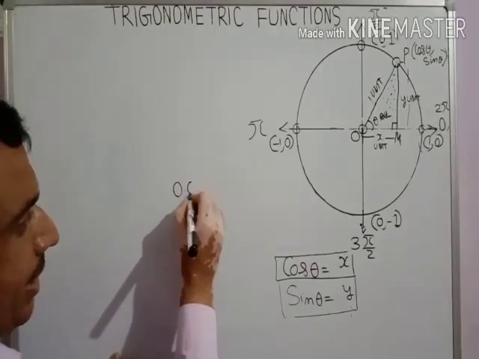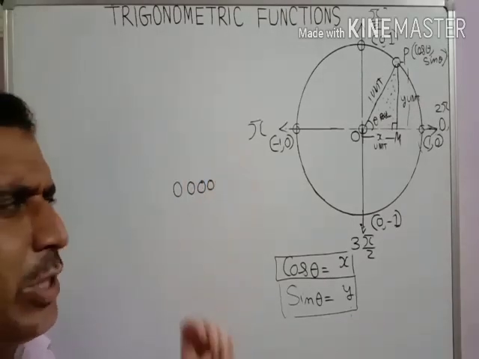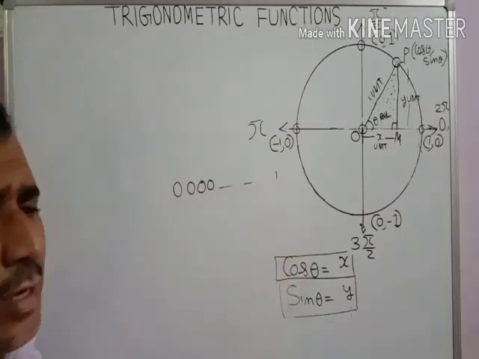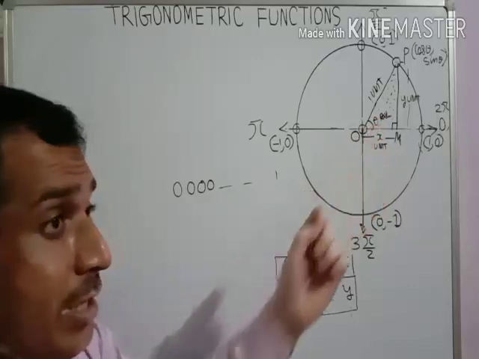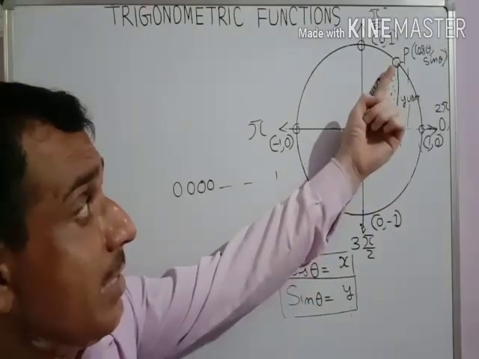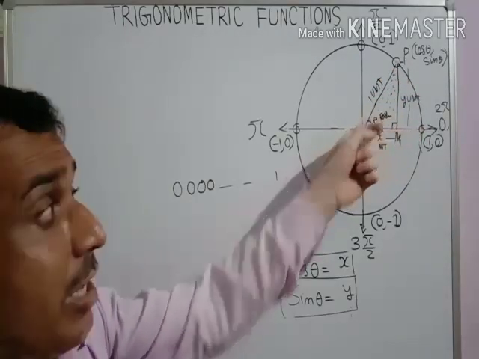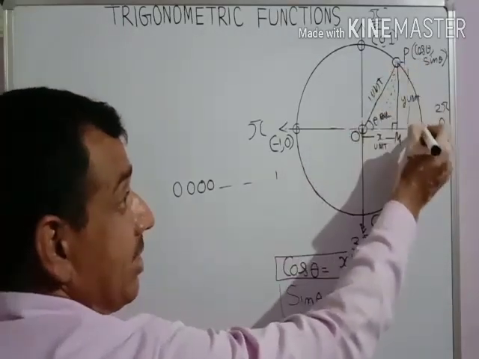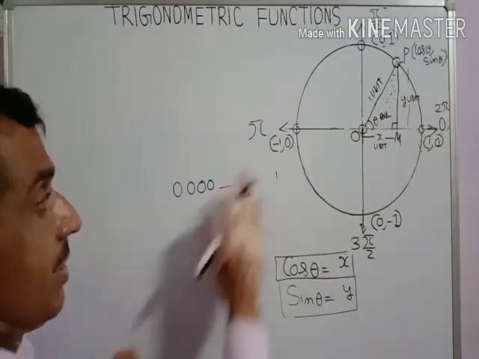Like 0.000, like a million or trillion times you write 0, then at last you write 1, like this. It means whenever you reduce theta like this, approaching 0, you feel this line will somewhere coincide with this line, and this point and this point will coincide and overlap each other.